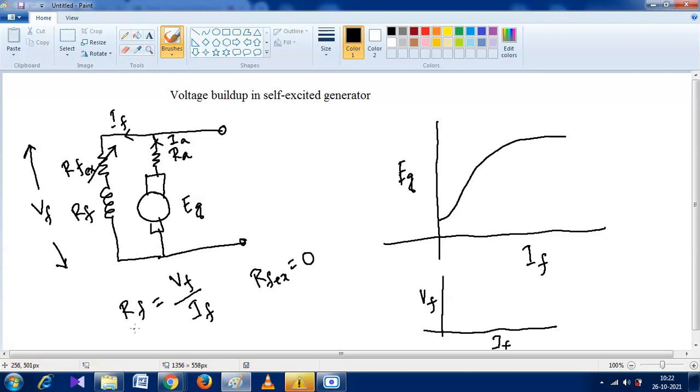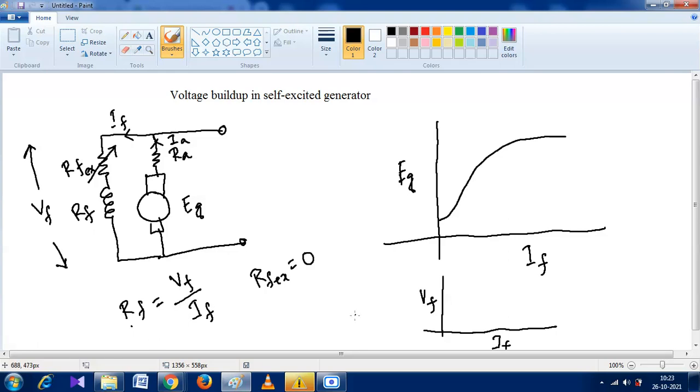Then the field resistance is equal to the applied voltage across the field divided by the current flowing through the field. From Ohm's law we get RF is equal to V by IF. Yes, sir.